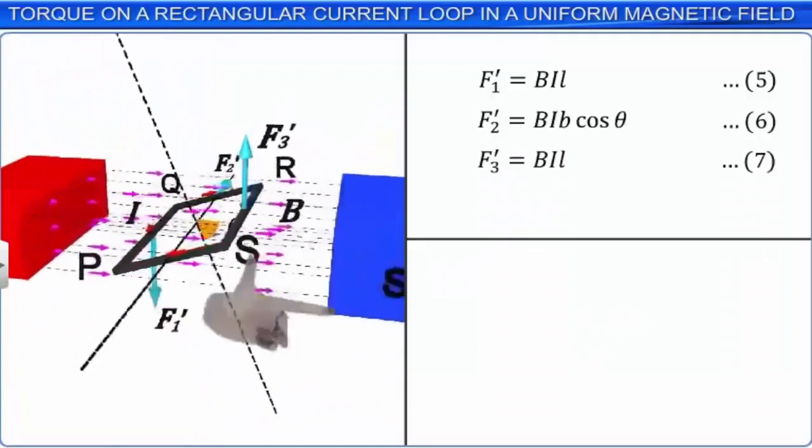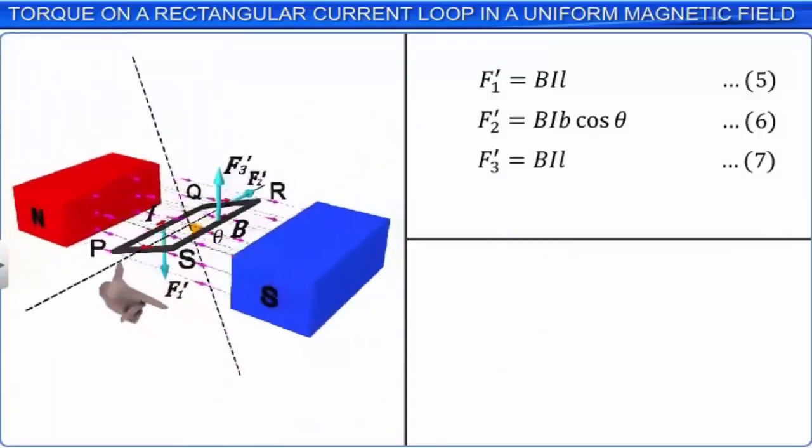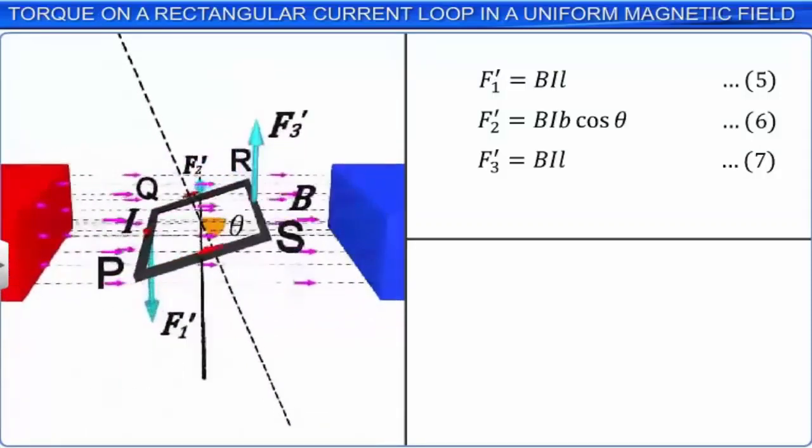Using Fleming's left-hand rule, we find that the force acts upward in a direction perpendicular to the plane containing current and magnetic field. The direction of current through the arm SP of the loop makes an angle 90 minus theta with the direction of the magnetic field.